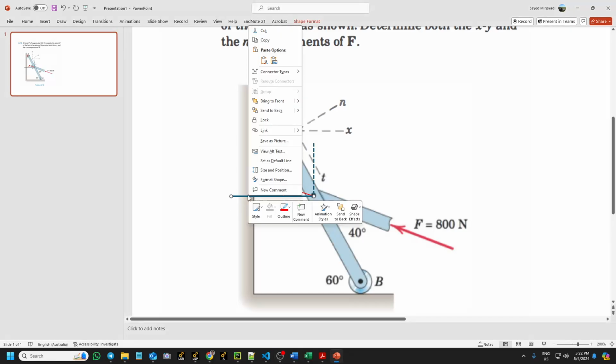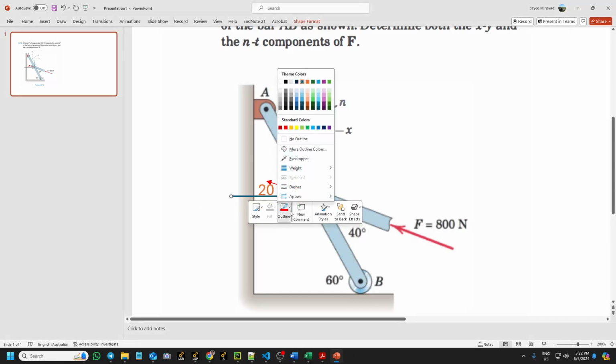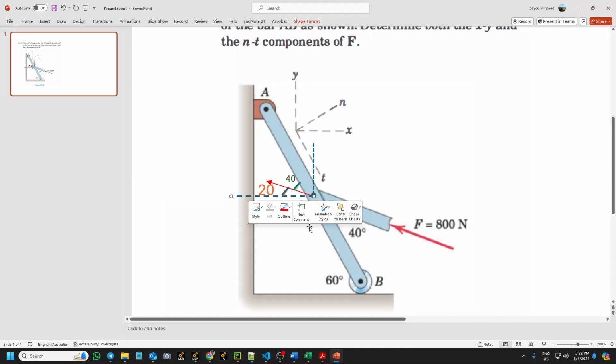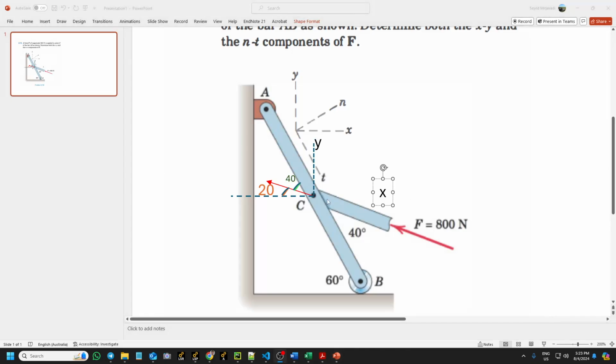I will also change this one to a dashed one to be similar to X, but X is in this direction, remember, the positive X. I will just type it in and let us extend this one.